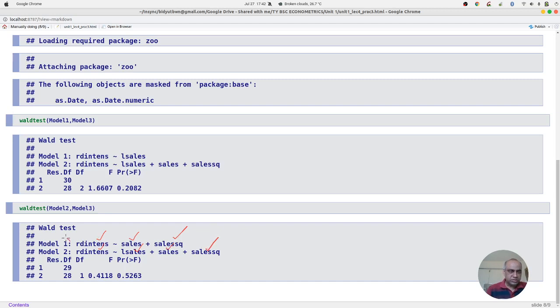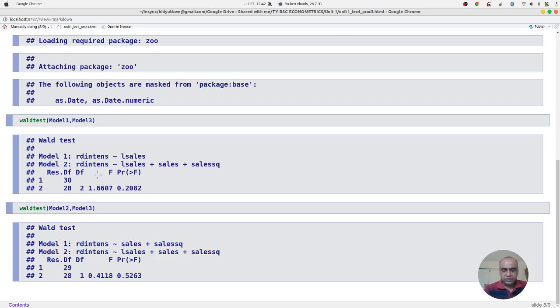Once again, just note that this model 1 and model 2 should not be confused with the earlier model 1 and model 2. This is actually the outcome format of the Wald test in R, but here model 1 means model 2 and model 2 means model 3.